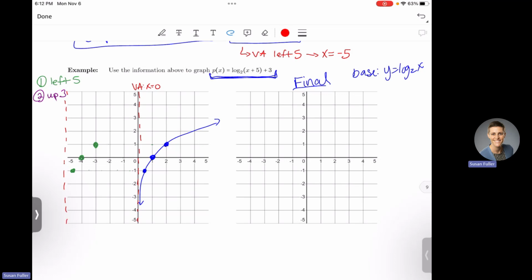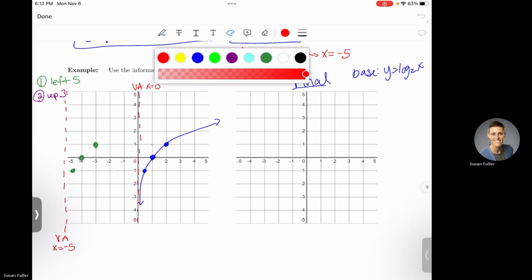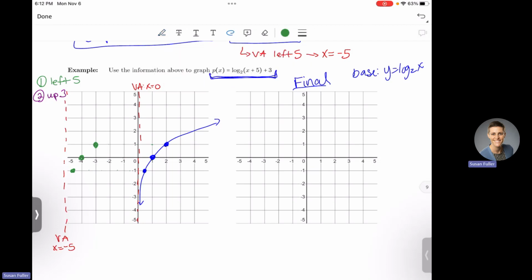So my vertical asymptote is going to be over here at x equals -5. And then I'll fill my graph in. It's going to do one of these. Okay. So I moved this whole thing to the left by 5 units.